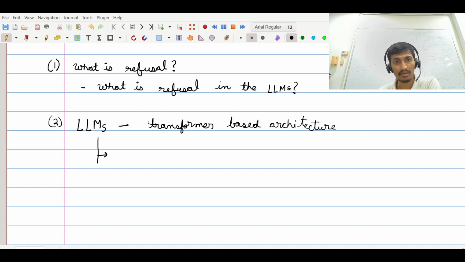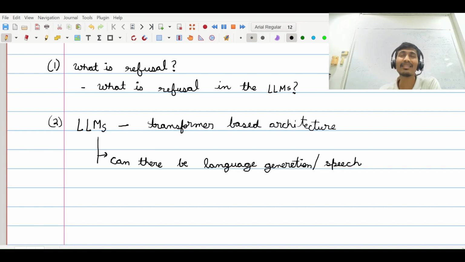Particularly language generation, or speech, because nowadays these models are also used in speech analysis and synthesis.